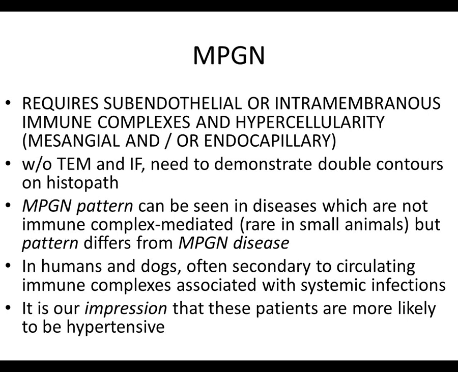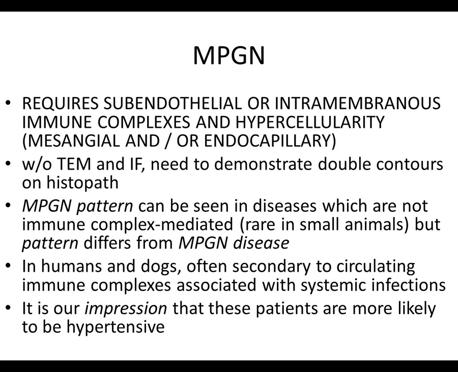But going forward, the idea of patterns of injury being recognizable, especially at the light microscopic level, having different disease entities as their fundamental causes, is an important concept to get ingrained into people.